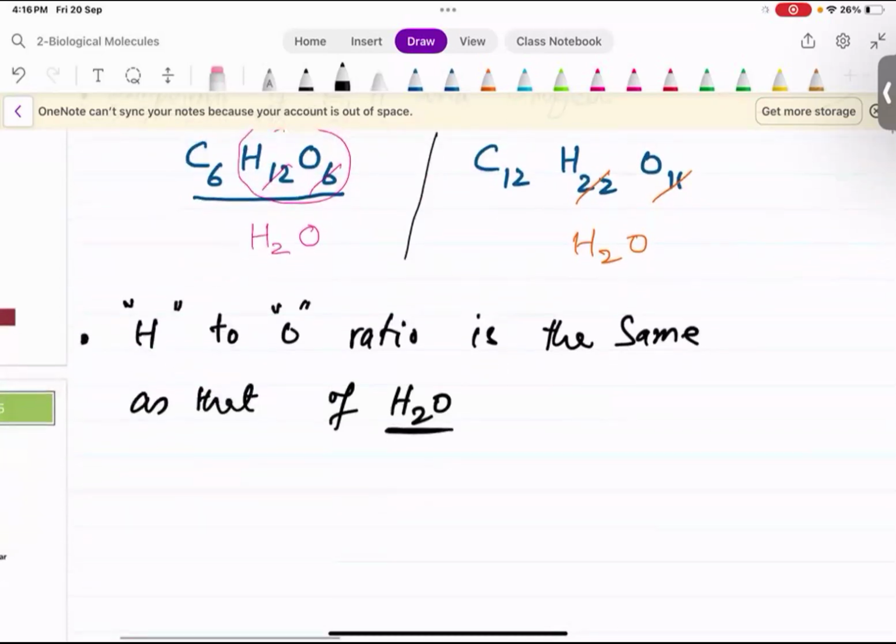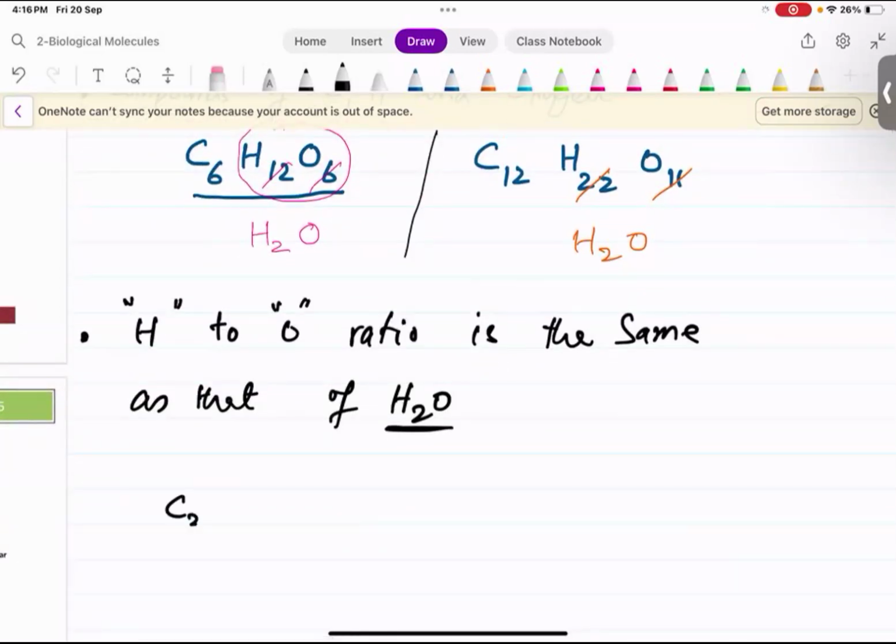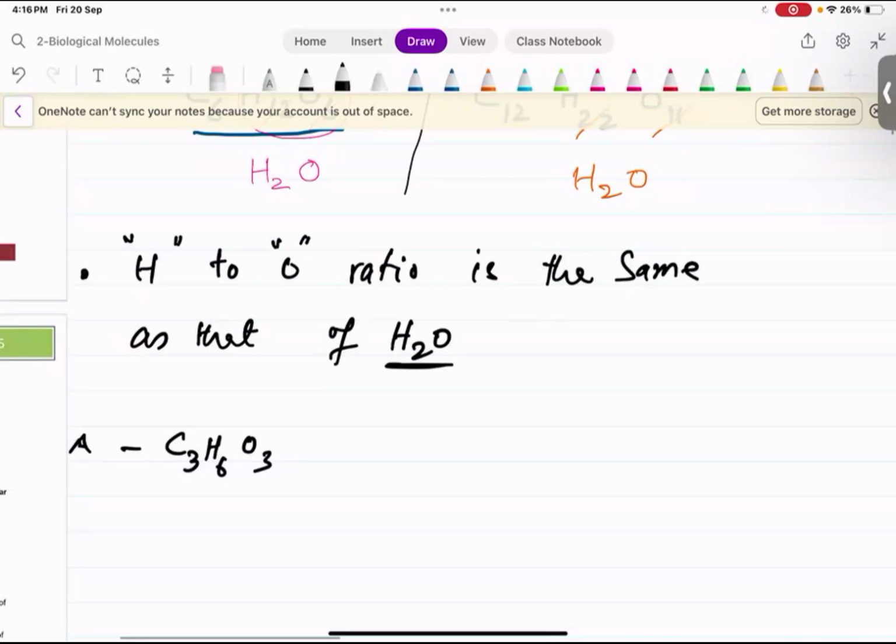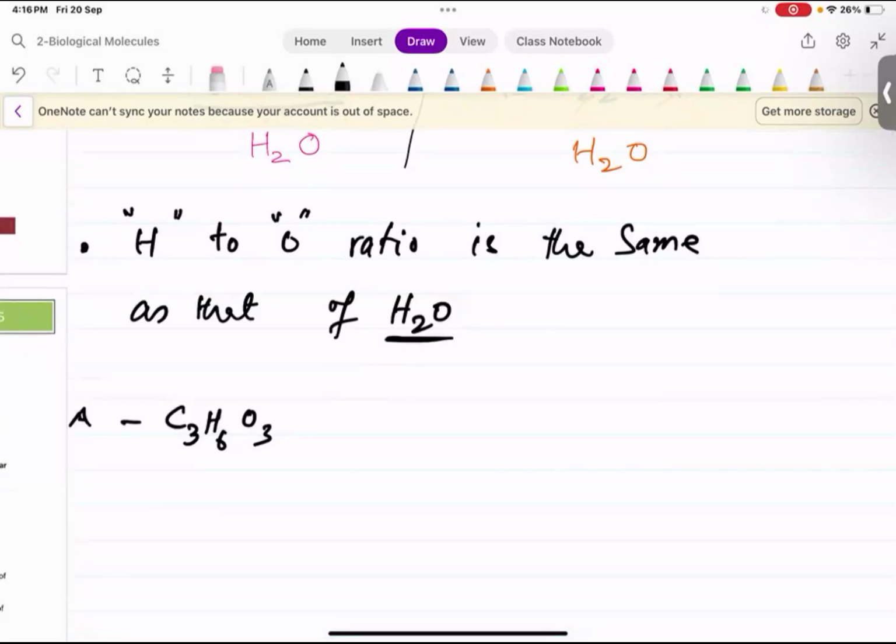For example, we have C3H6O3. Is this a carbohydrate? Yes. Why is this a carbohydrate? Because it has hydrogen to oxygen ratio the same as that of H2O. If we simplify it, this would have 2 and 1.